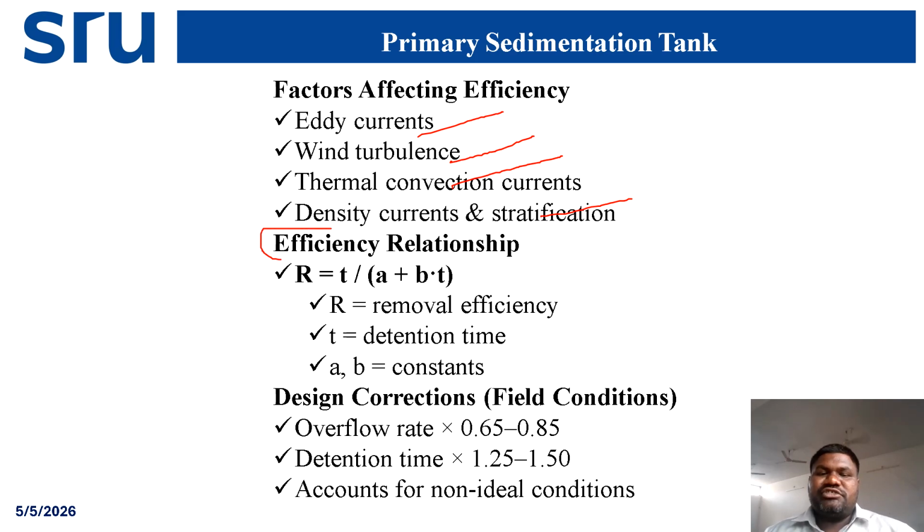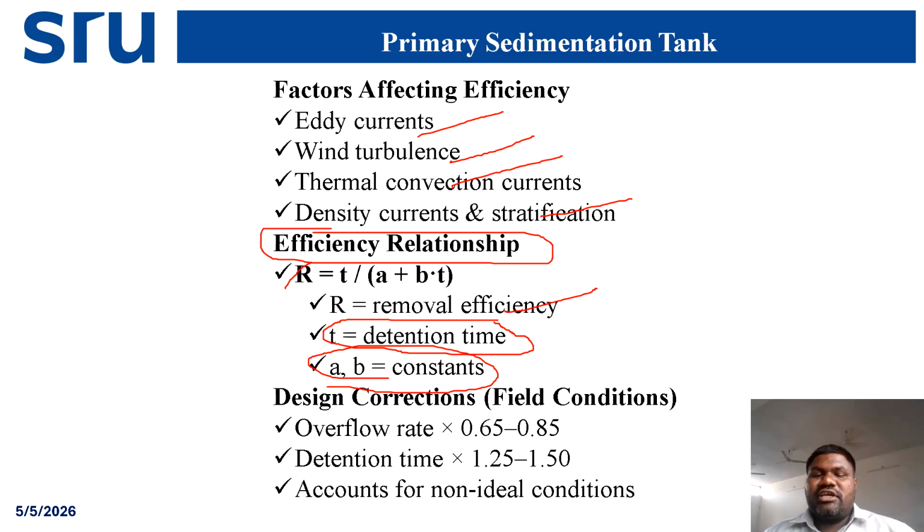So this is the efficiency relationship: R, the removal efficiency, equals T divided by A plus B into T. Here A and B are constants and T is the detention time. R we already discussed; it is the removal efficiency.